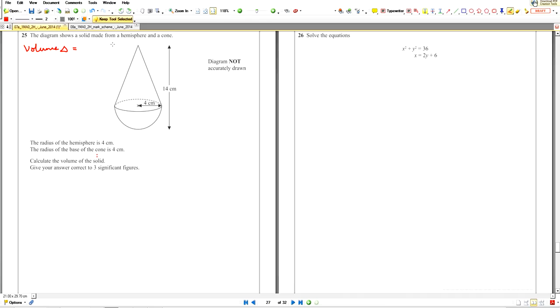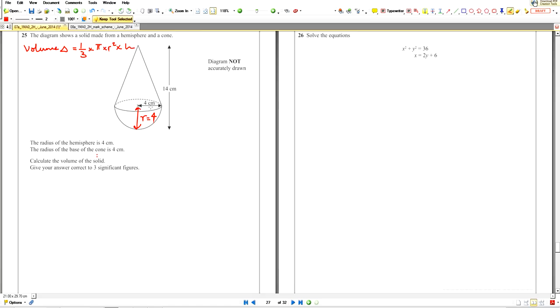Volume of the cone is equal to 1/3 times pi times the radius squared times the height. Now remember, this is 4 here, and this is also 4 here as well. That's the radius, that's also the radius. That's also 4.